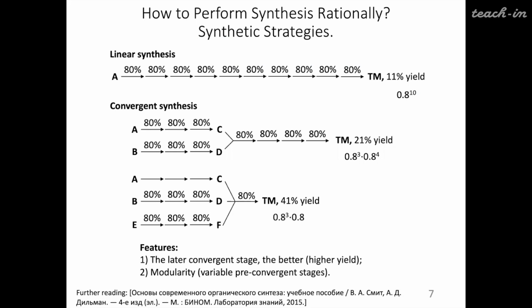The second synthetic strategy we should mention is the concept of convergent synthesis. If we combine organic reactions in a linear fashion with yields equal to 80% each time, then we will get only a yield of 11%.